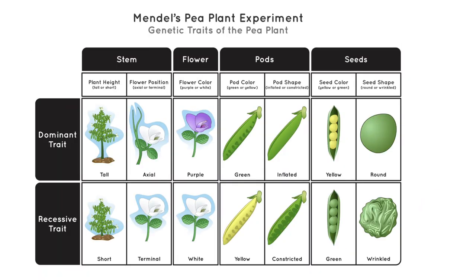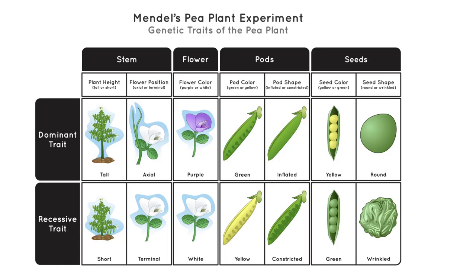Okay, well, Mendel discovered that flower color follows this pattern of inheritance, of dominant and recessive. So obviously, if you're a curious person, you would want to find out, is this true for other traits?